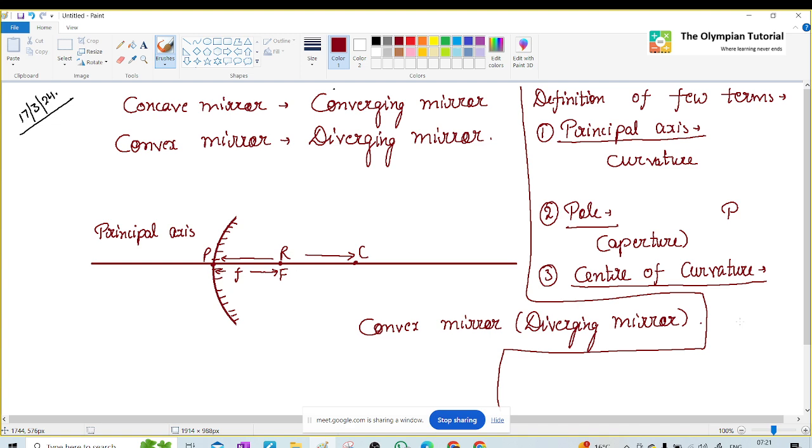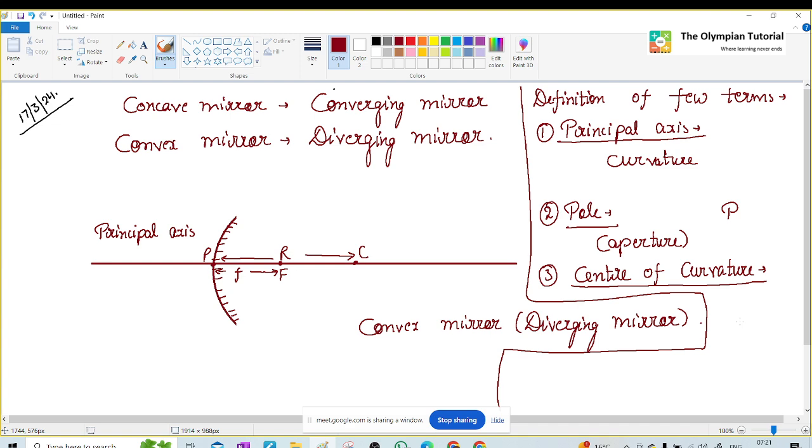The reflecting surface of a spherical mirror forms a part of a sphere. This sphere has a center, full stop.